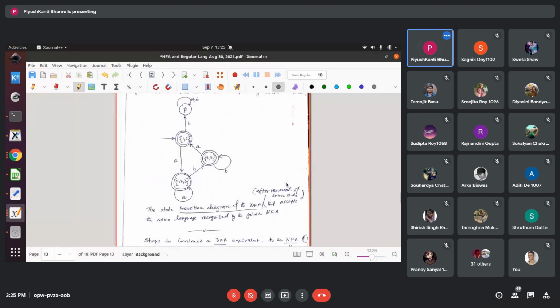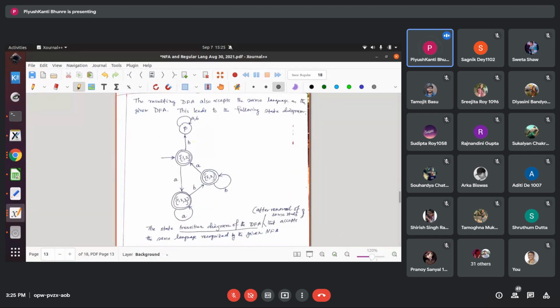After reduction, what we get again is basically a four state machine, and that is given here. So this is our final answer, this is our DFA M such that L of M equals L of N. Okay. So is it clear?